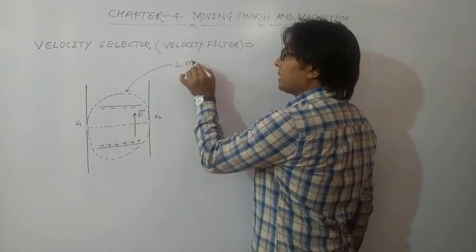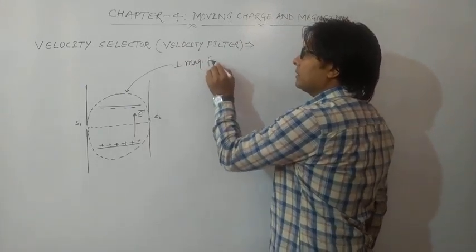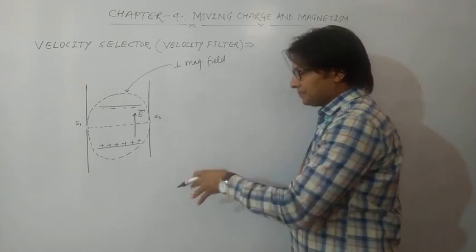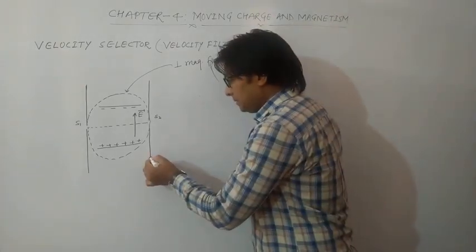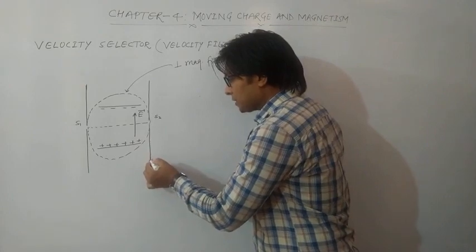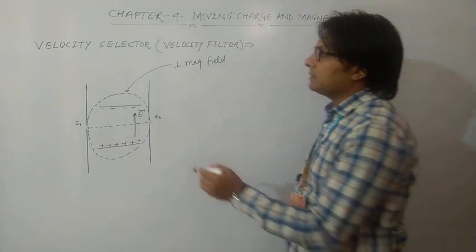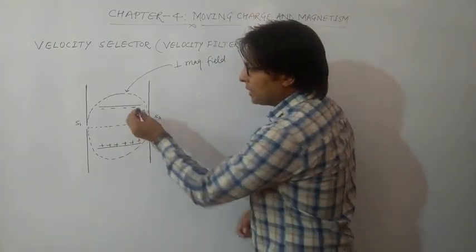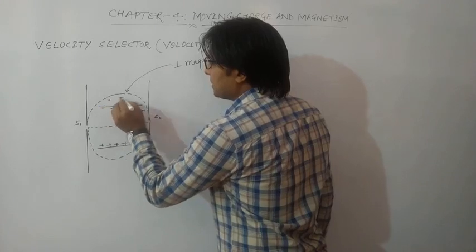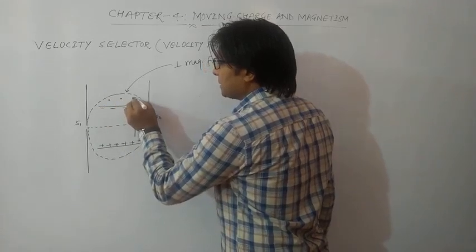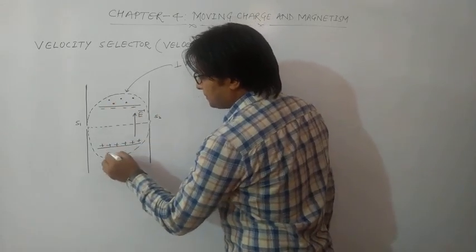Why are we using a perpendicular magnetic field? We will discuss it in the working of this velocity selector. So the perpendicular magnetic field, suppose its direction is perpendicularly outward, we can represent it simply by dots.